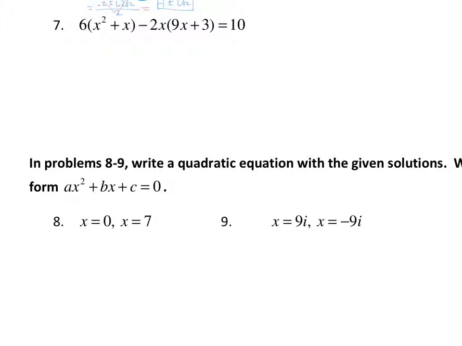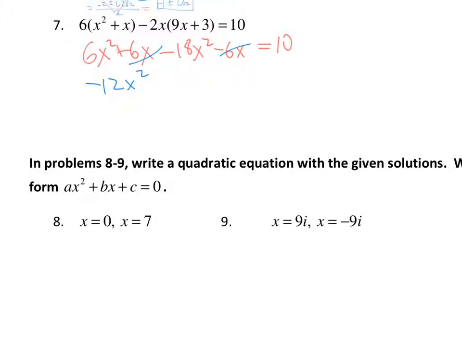Number 7 here, we can distribute. And we're going to clean it up first. 6x squared plus 6x. Distribute everything, we should get this. Then let's combine like terms and set it equal to 0. So we get, let's see, -12x squared. Oh, that's nice.